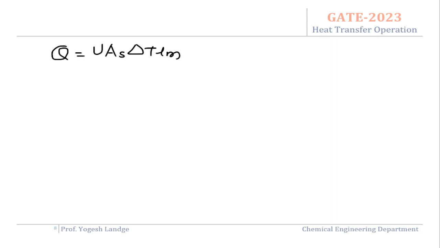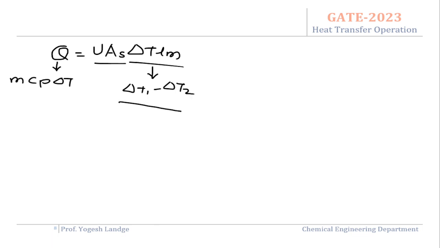Now in this formula, I know the value of Q from the energy balance equation, that is M into Cp into delta T. I can also calculate the delta TLM with the help of the formula, that is delta T1 minus delta T2 upon ln of delta T1 by delta T2. So with the help of this formula, I can calculate.